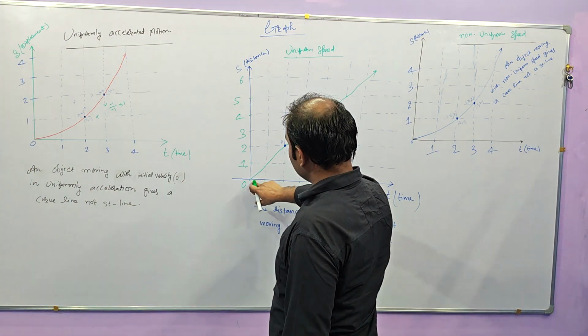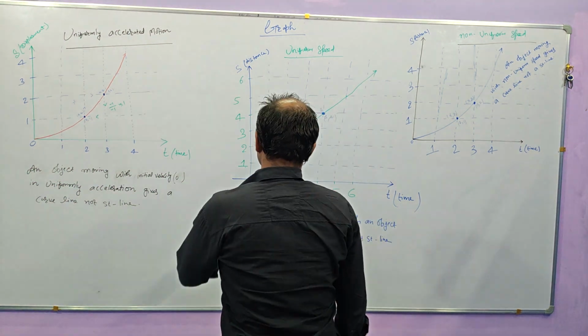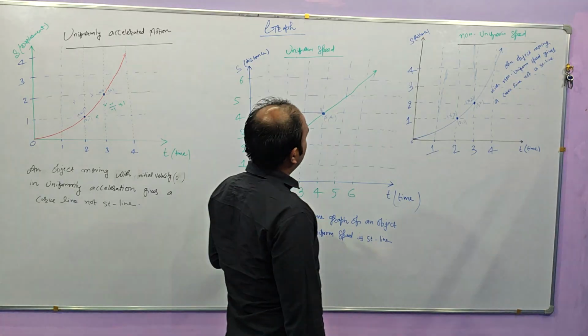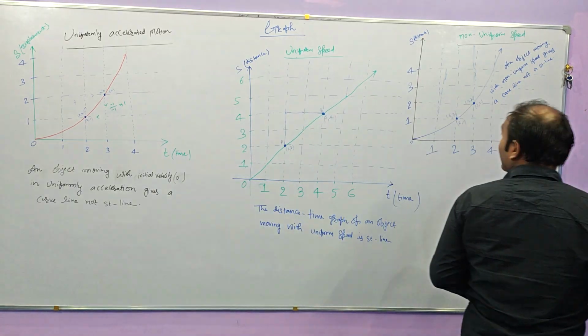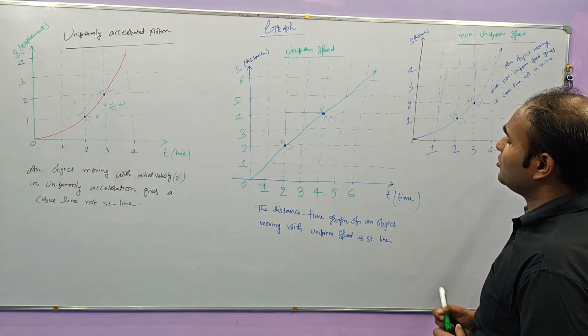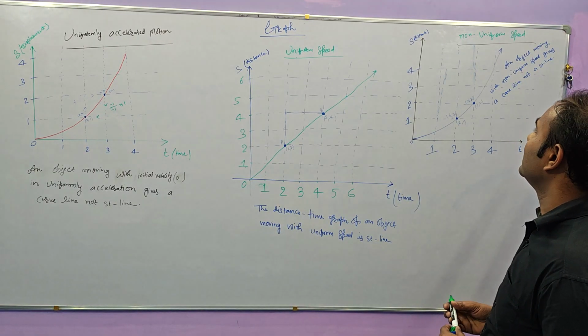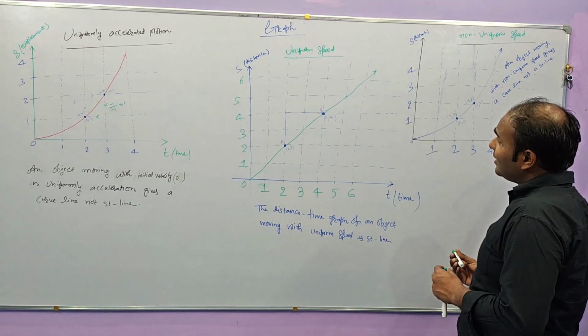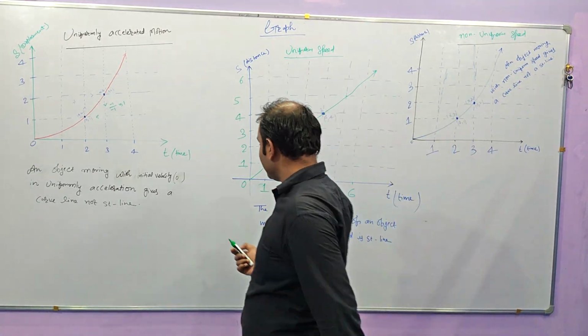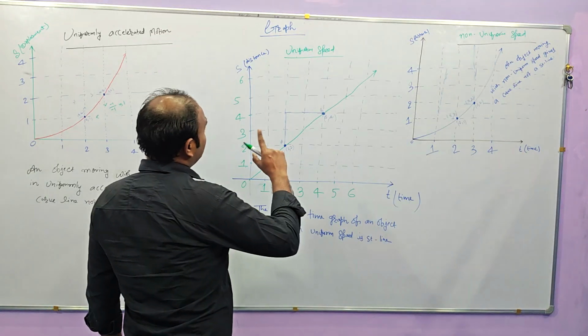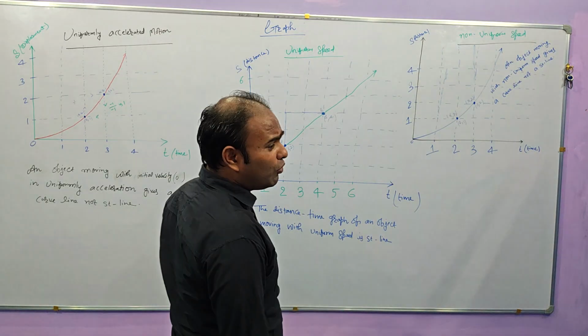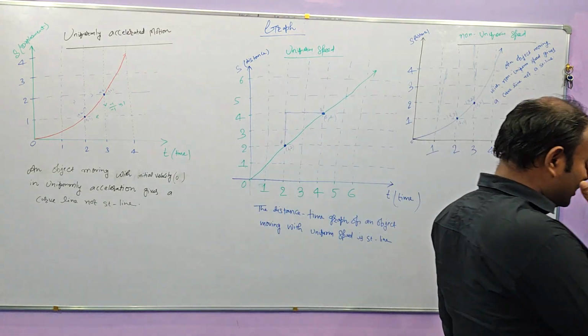An object starts with zero initial speed. Here u is equal to 0, initial speed, and uniform means equal distance in equal interval of time.